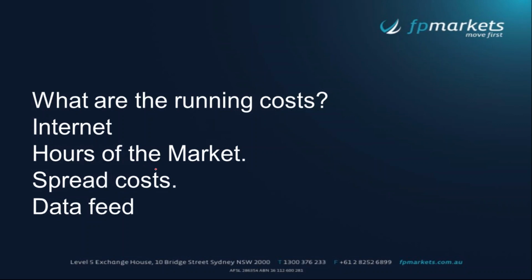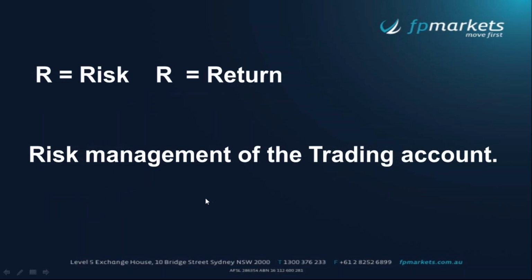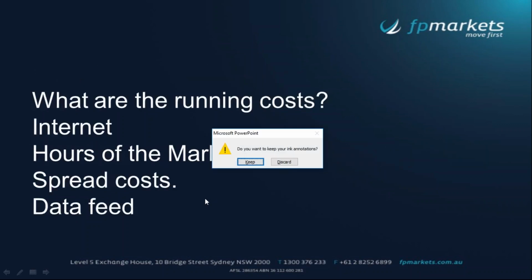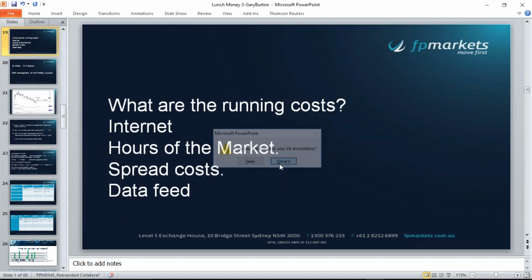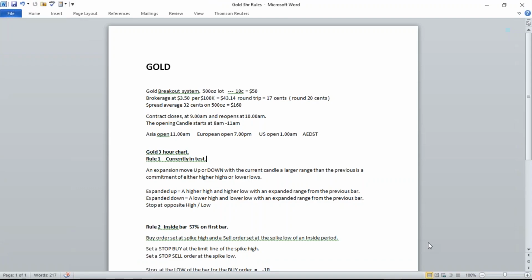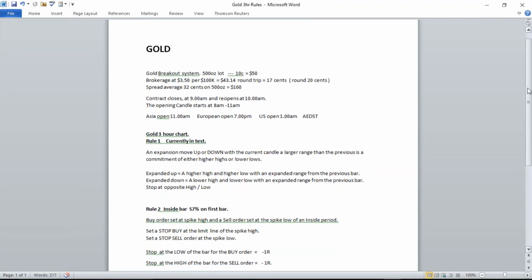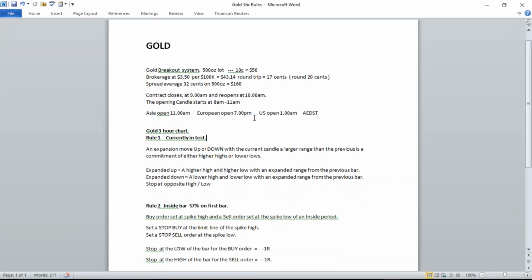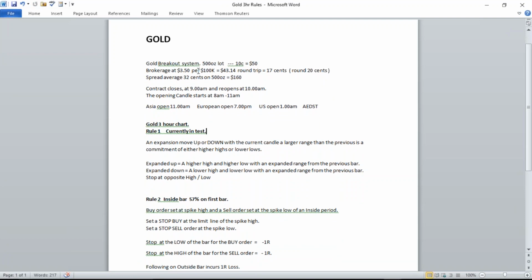You need to understand the hours of the market, the spread costs, and the data feeds. I'll show you what this looks like. This is a gold system that I'm working on. I have everything I need to know about basically the gold market. The lot size is a 500-ounce lot.